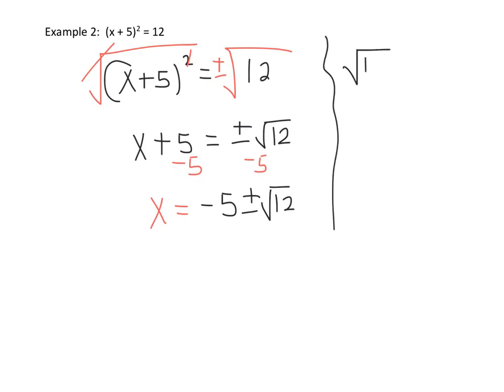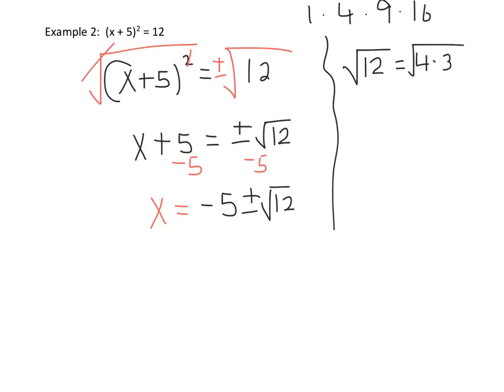So square root of 12, how can I reduce this? I need to think of the perfect squares, like 1 times 1 is 1, 2 times 2 is 4, so 1, 4, 9, 16. The highest one which goes into 12 is 4. So 4 times 3.